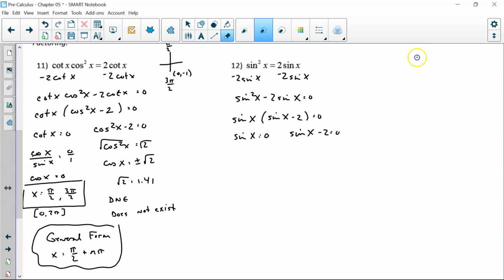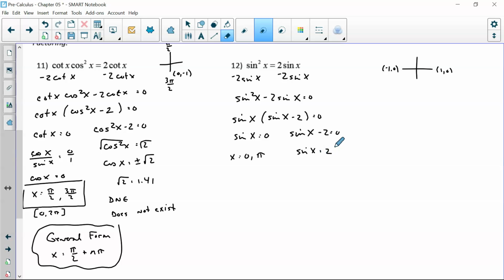Now remember your quadrant angles. When sine is 0, that's going to be when x is 0 and when x is pi. Now, when sine of x minus 2 equals 0, add 2 to both sides. So sine of x equals 2.